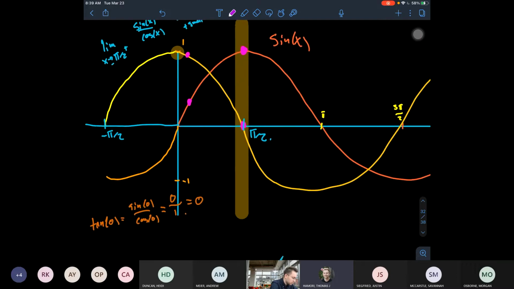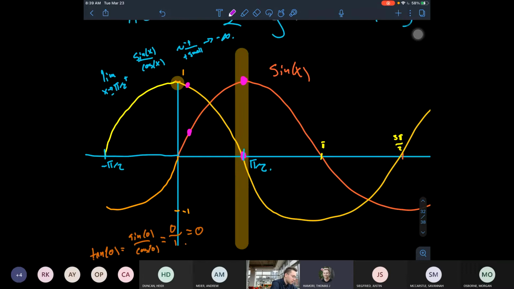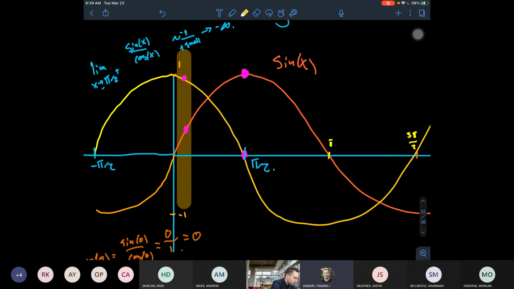oh well, maybe I shouldn't have chosen that point. Let me instead focus on this point here. Instead, focus on this x value, which I've highlighted in this region.